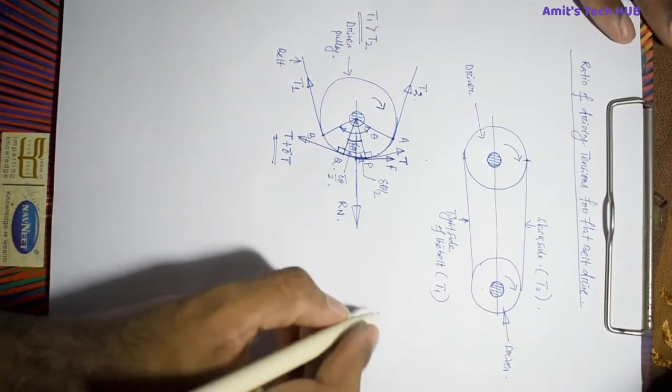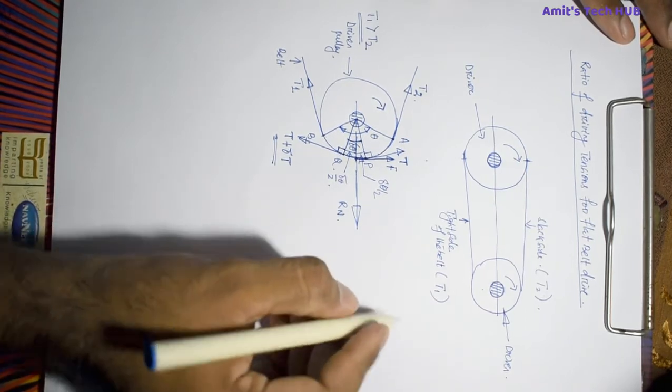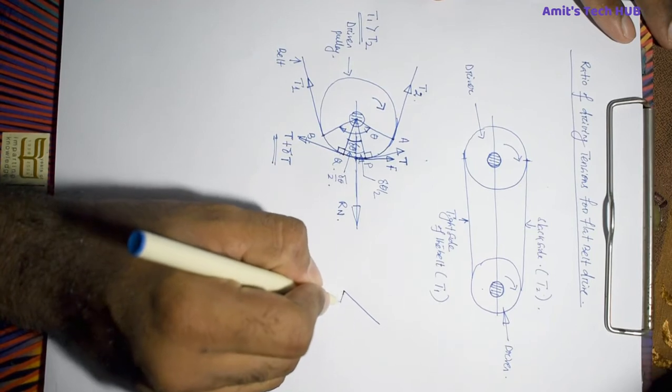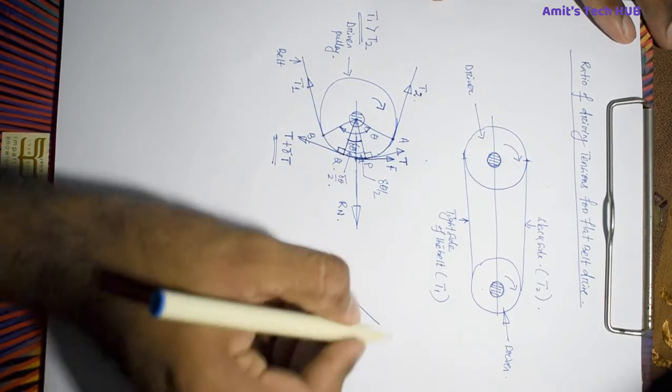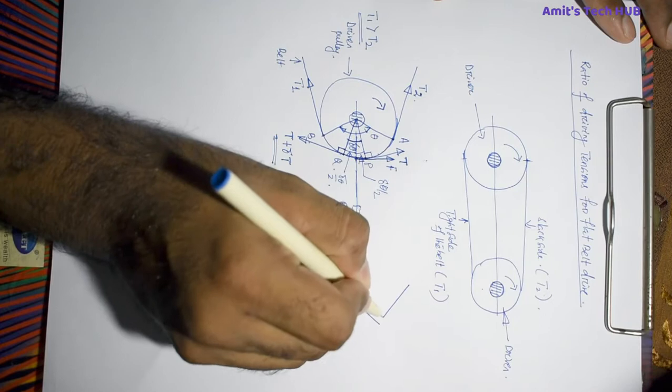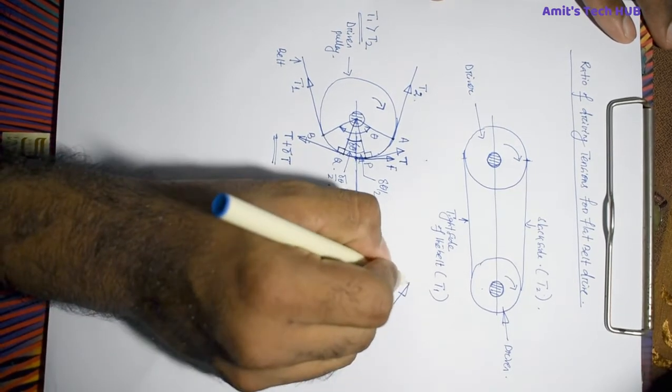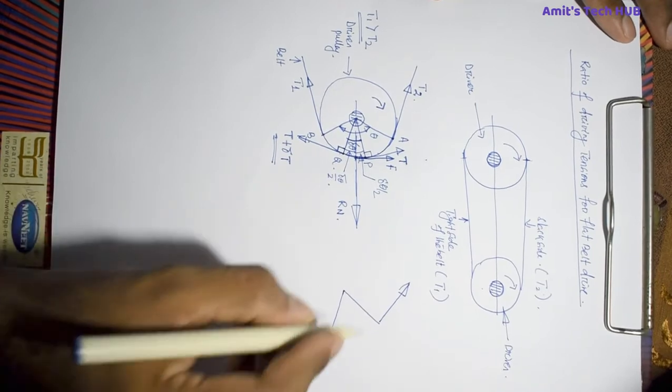Okay, now let us draw this figure in a very clear manner, only showing the forces. It can be drawn like that. This is the small portion, and these are the tensions.